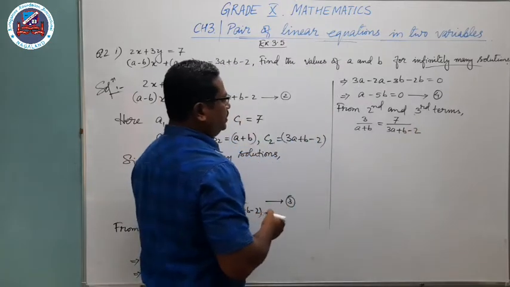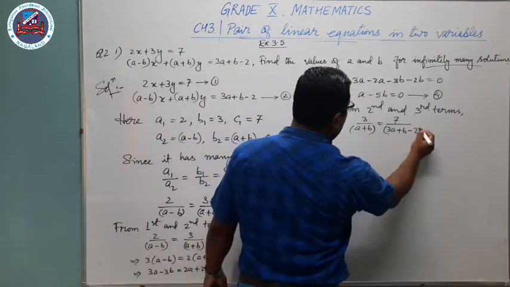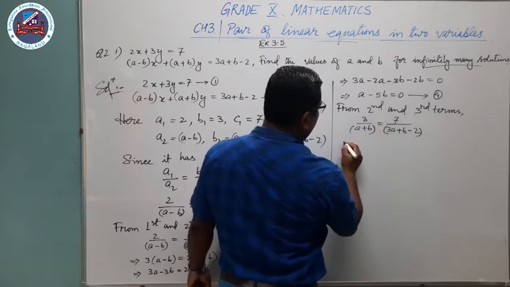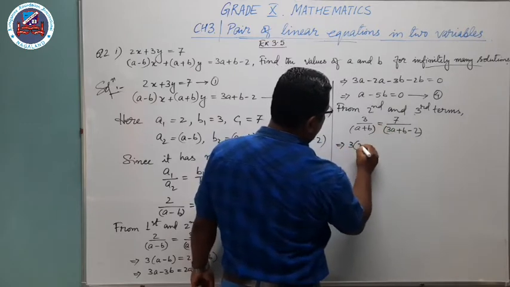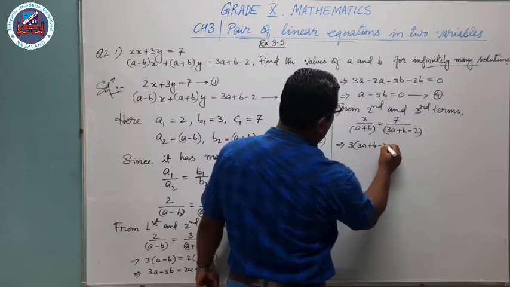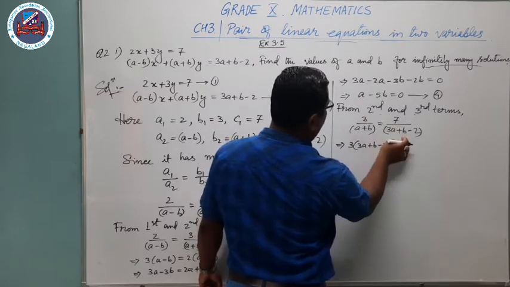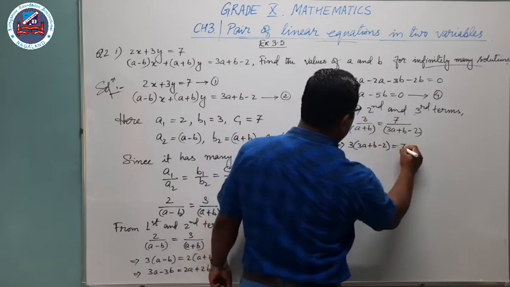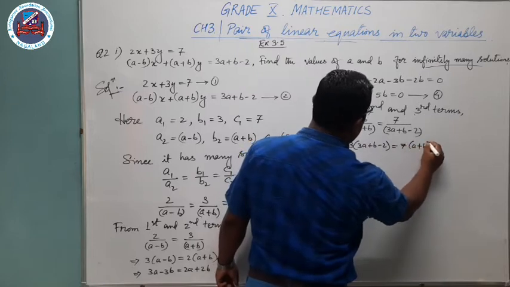So this also we cross multiply. 3 times (3a plus b minus 2), and 7 into (a plus b).